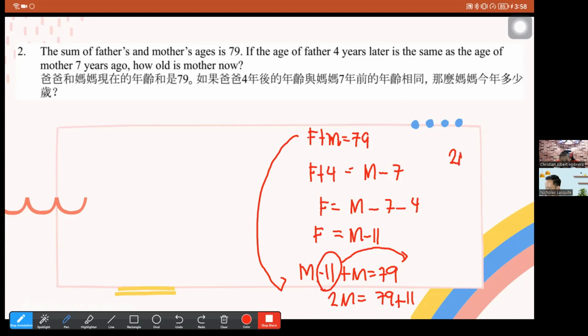So you have 2M is equal to 90, sorry, or M is equal to 45. So we already solved this one. It's 45.